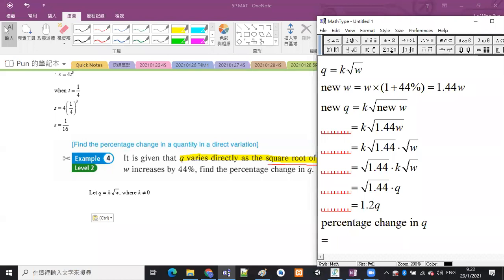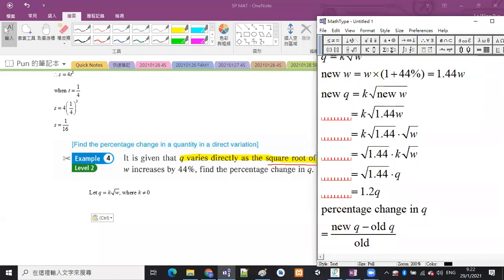Now we are going to find the percentage change in Q. So we are going to do this. New Q minus old Q divided by old Q times 100%. Okay? But what is new Q? We have found that the new Q is equal to 1.2 Q.